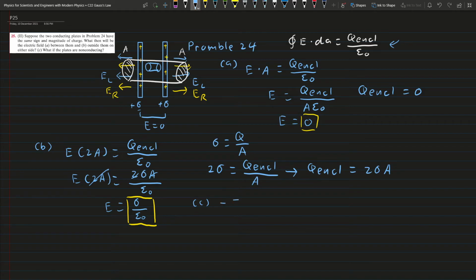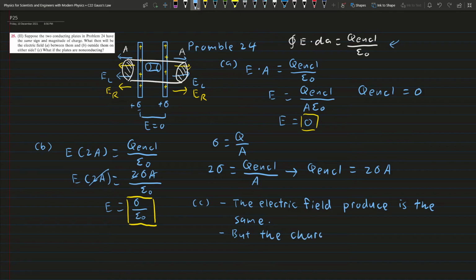So the electric field produced is the same, but the charge of the plates does not need to be at the surface.